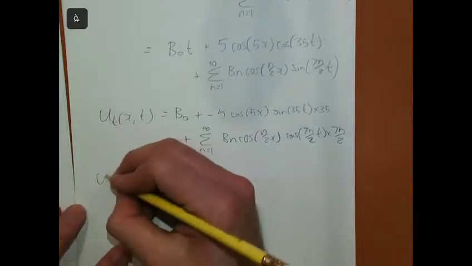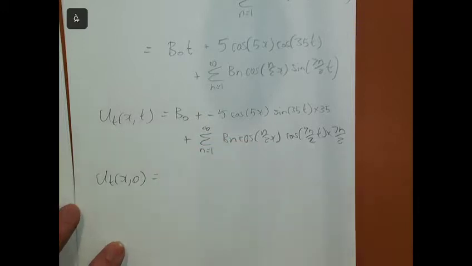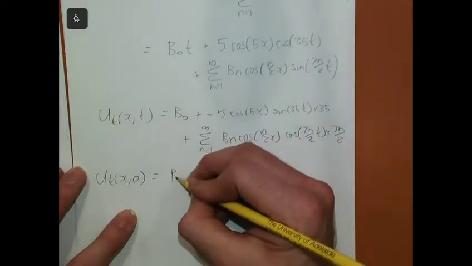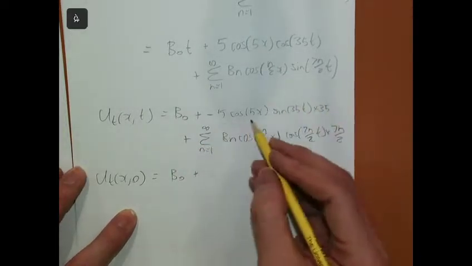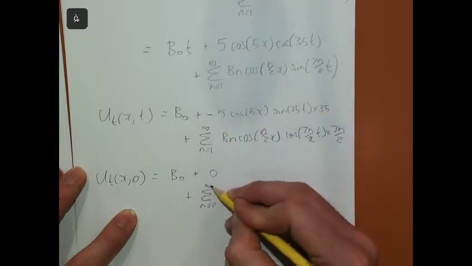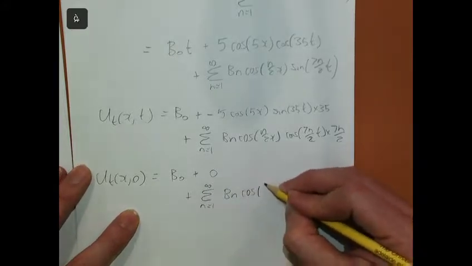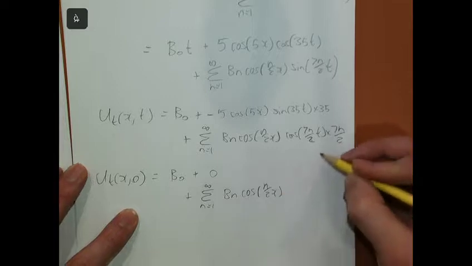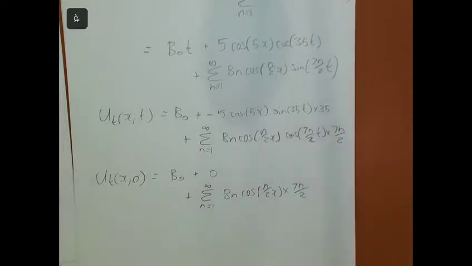Alright, and u_t(x,0) comes out to, when sine is 0, that's 0, so this one's 0. Bn cos n on 2 x, cos of 0 is 1. So that's what I get when I sub in 0 for t, there.